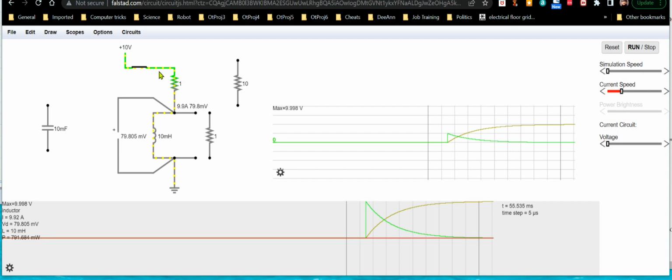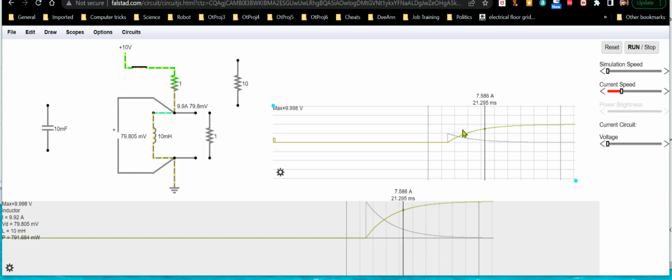In this case, it'll see 10 volts across it initially, and 0 current flowing through it. That's why you see initially 10 volts across it, but at 0 amps. But as the current increases up to 10 amps, the voltage is decreasing.